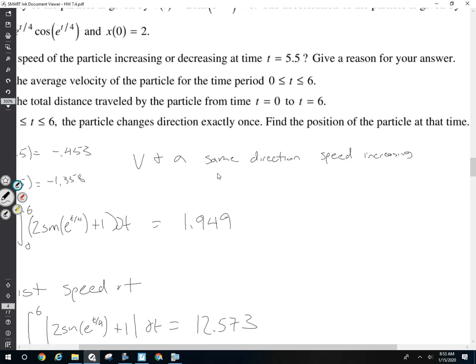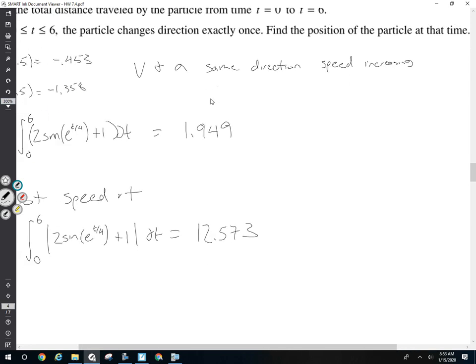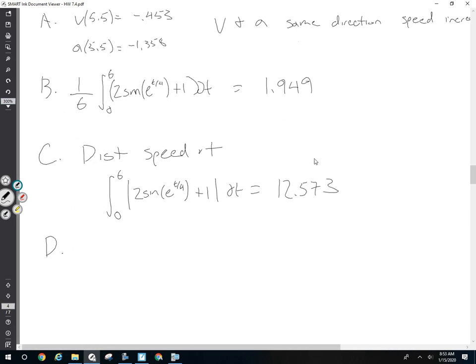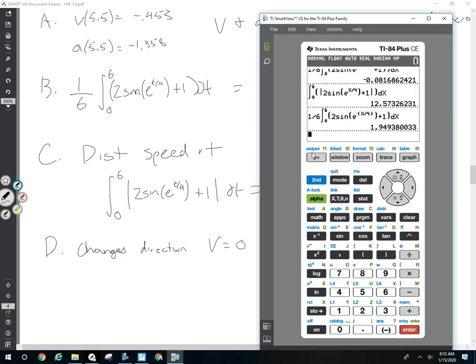Part D, particle changes direction exactly once. Find the position of the particle at that time. Okay, so changes direction. That's going to be when your velocity equals 0 and changes sign. So we're going to graph velocity.